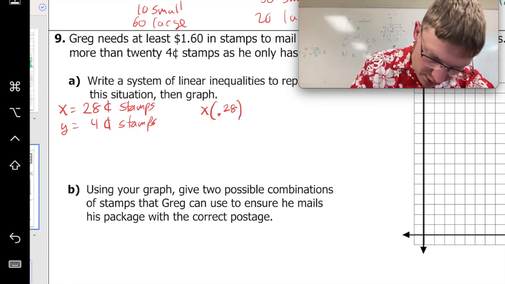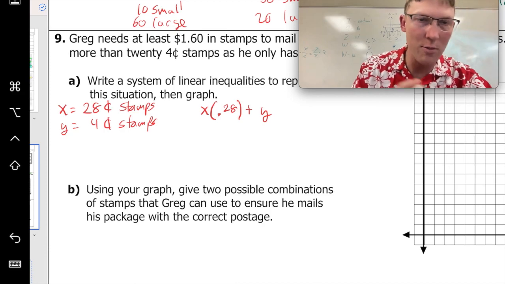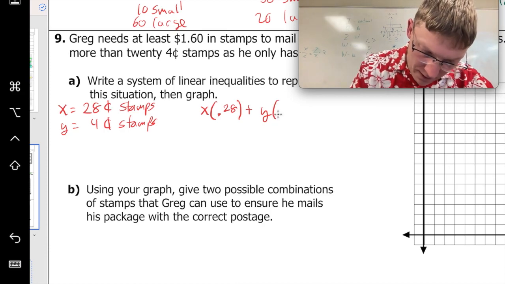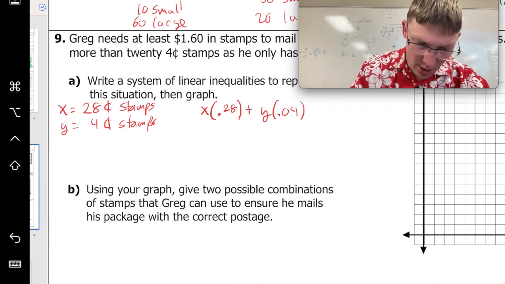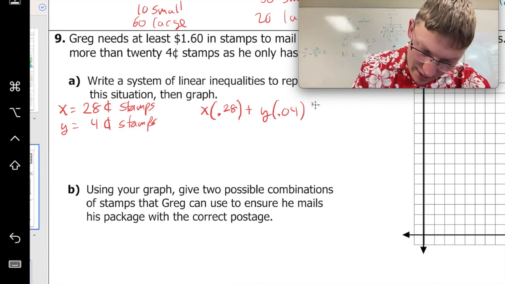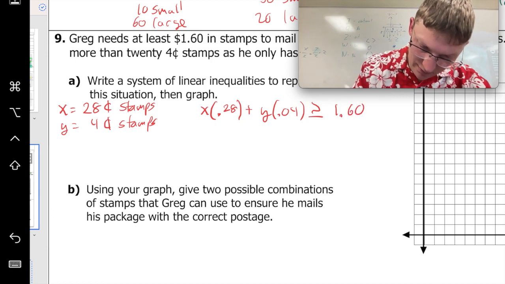Anyway, so if we're still dealing with cost, however many 4-cent stamps we're going to use, it's going to be 0.04. Again, 4 cents is 0.04 of $1. So whatever combination of that needs to be bigger than or equal to 1.60.